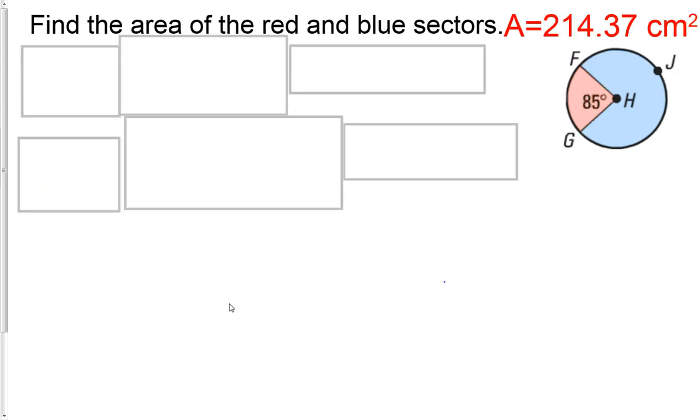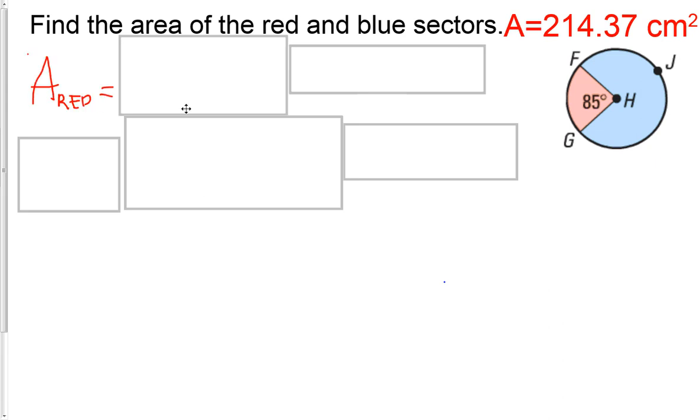Next, we've got, given the area is 214.37 centimeters squared, and this angle is 85 degrees, find the area of the red and blue sectors. Now, we could find radius given this. However, instead of needing to plug in pi r squared, we have 214.37 is pi r squared. So instead of plugging pi r squared, we're just going to plug the area in there.